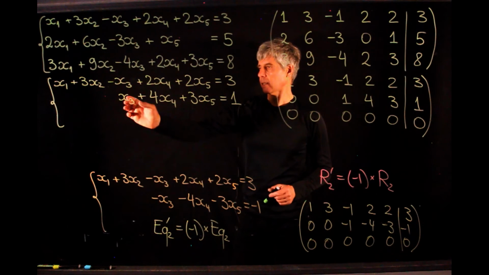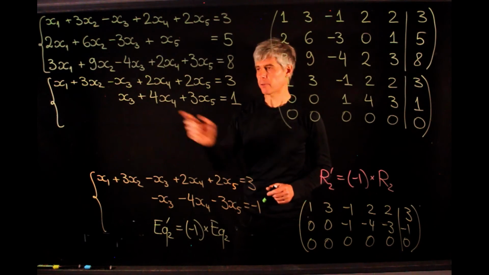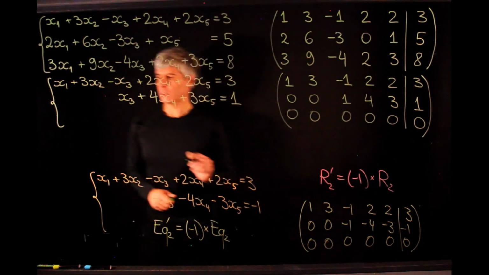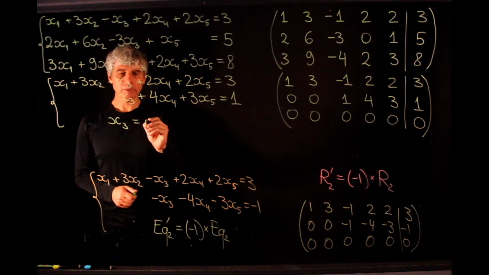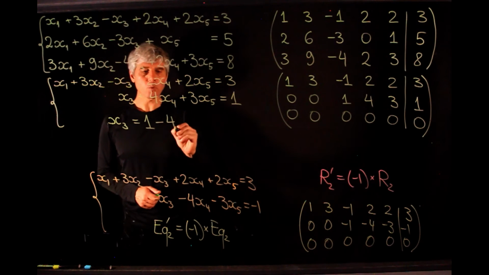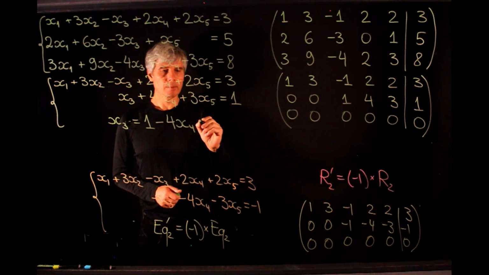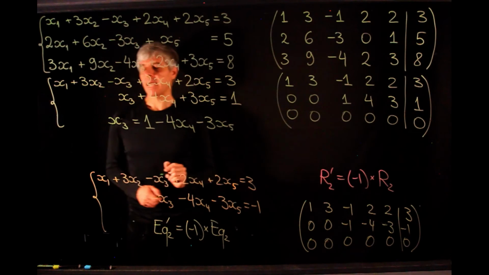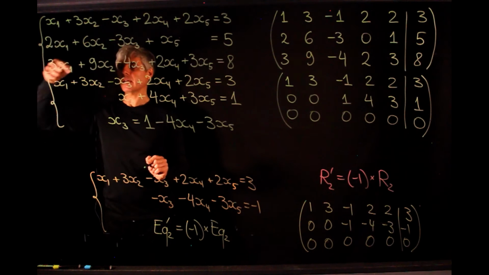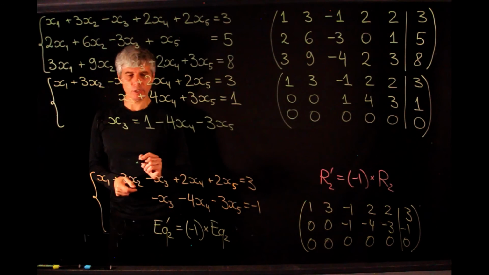So let us express x3 from the second equation. We get x3 is equal to 1 minus 4x4 minus 3x5. And let's express x1 from the first equation.